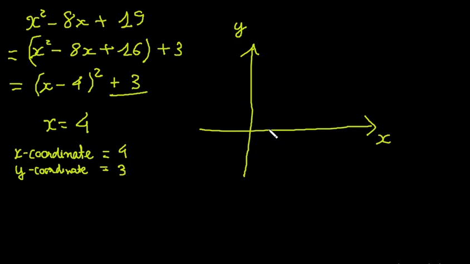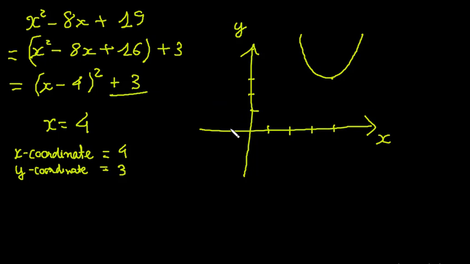We find the point (4, 3) first: x equals 4, y equals 3. Then we draw a parabola here, and we have the graph of x squared minus 8x plus 19.